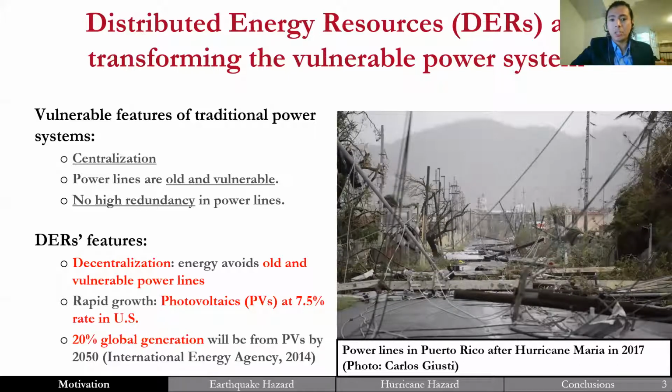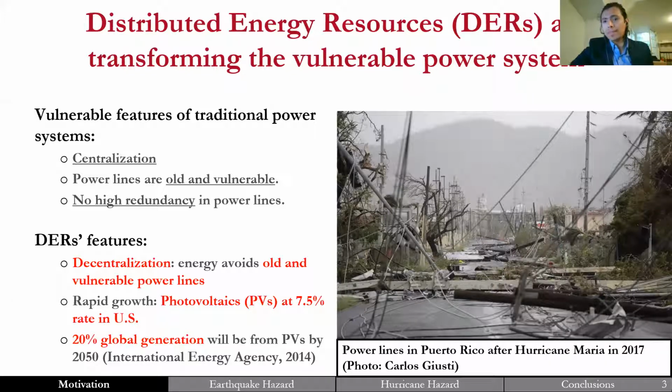You're seeing here a picture of how these lines fell from winds or just trees falling into the wires. And they have low redundancy, so small failures in some parts of the distribution grid or the transmission grid can lead to massive outages, as we've seen in these previous disasters.